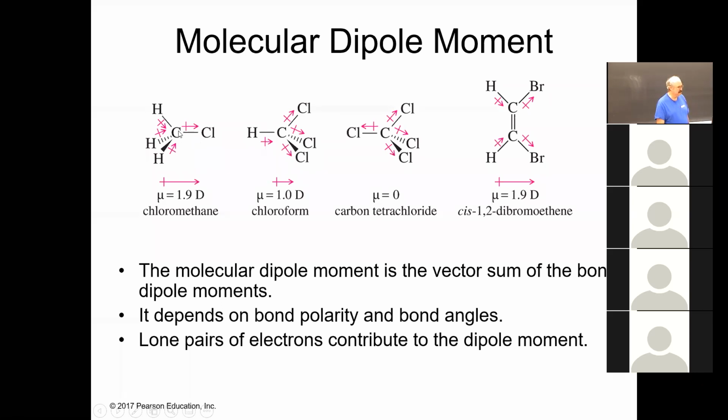So the C-H bond is really non-polar. It's just very slightly polarized toward the carbon, but it's essentially non-polar. So less than 0.5 is non-polar, and between about 0.5 and 1.8 or 1.9 would be polar covalent.